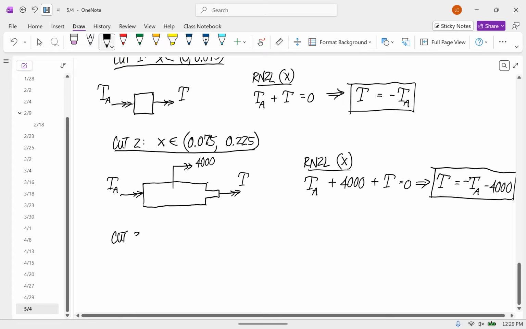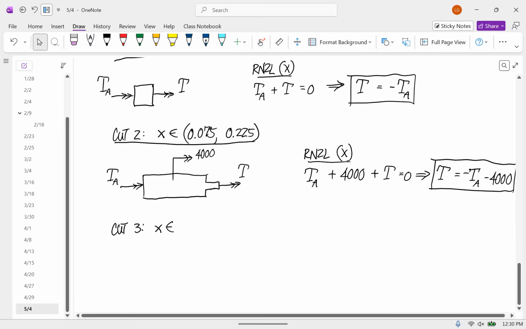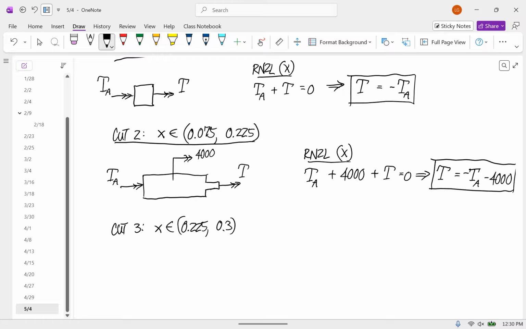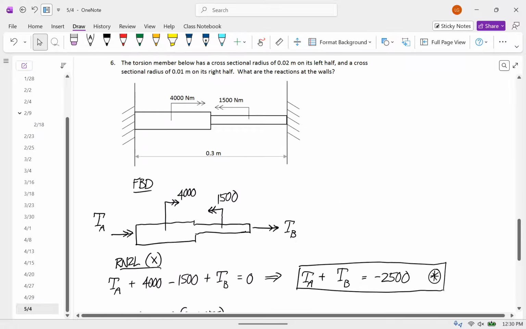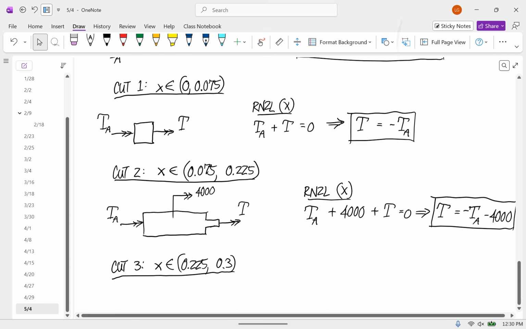And then cut 3 is valid from 0.225 to 0.3. And this time we're talking about a right end that's past the 1,500 Newton meter torque.